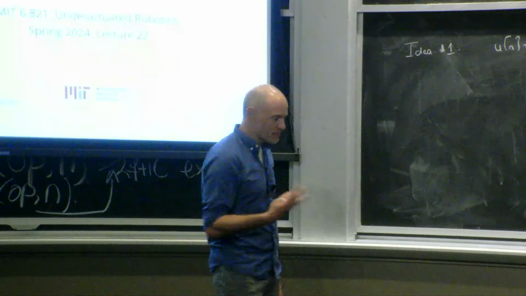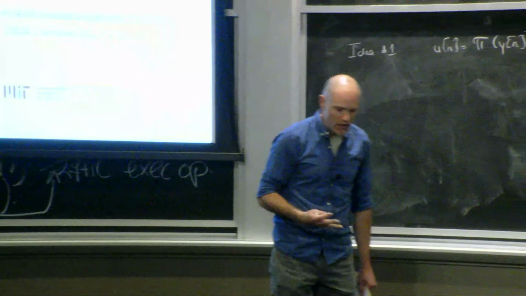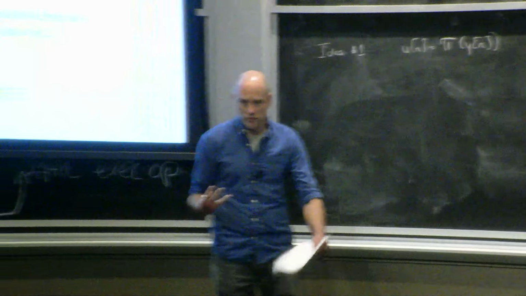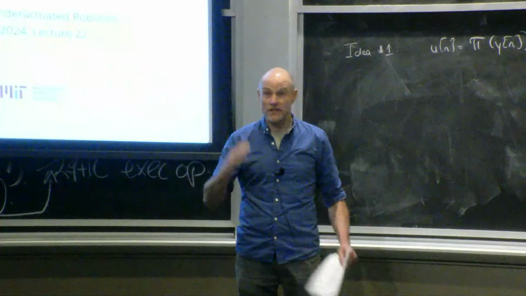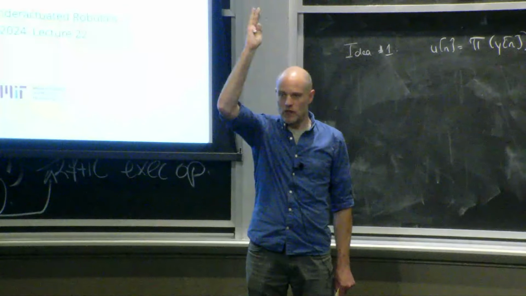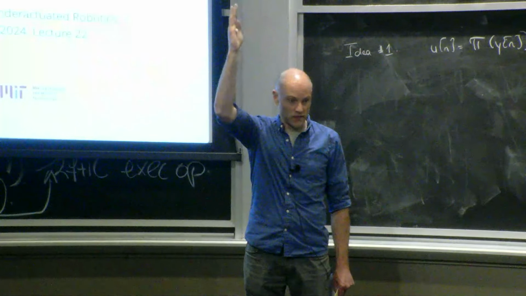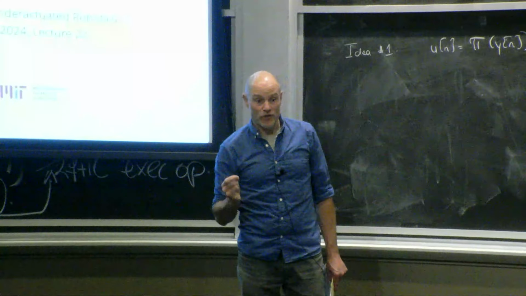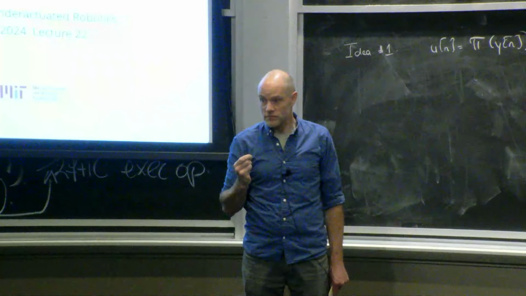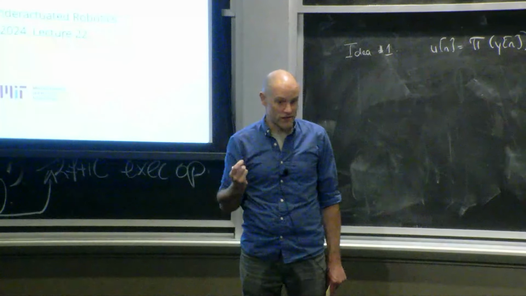Like for example, if I take the acrobot balancing at the top, we know that the optimal state feedback controller depends on both positions and velocities of both links. Let's say I only have encoders on my acrobot that give me positions but not velocities.